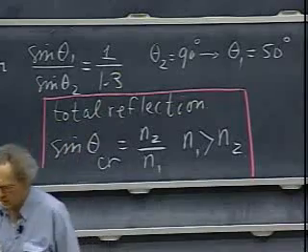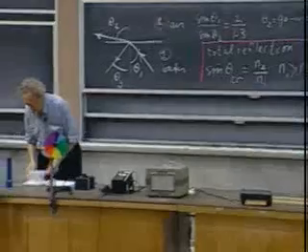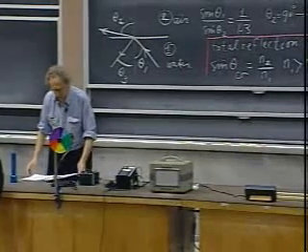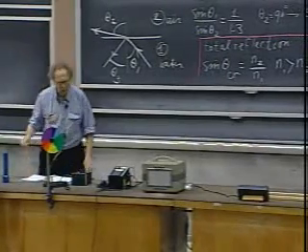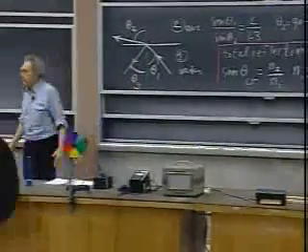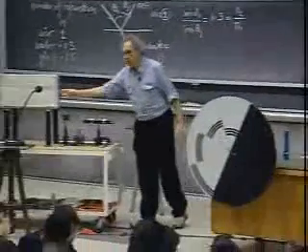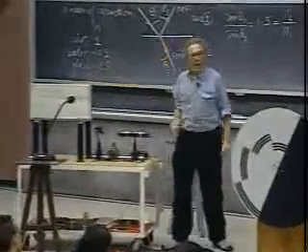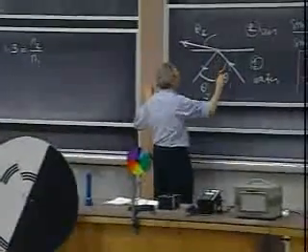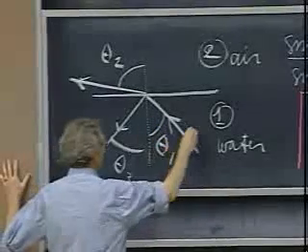And total reflection is actually very interesting. It has practical applications, which I will discuss with you shortly. But I first want to do a demonstration in which I want to show this to you. I have here water, and here is air. And I have a laser beam which I can shine in, and I can change this angle theta 1 and slowly increase it.